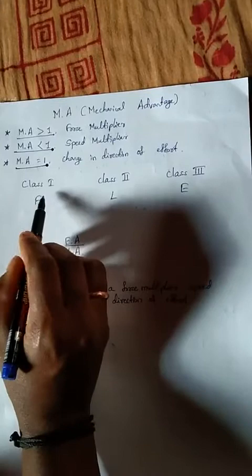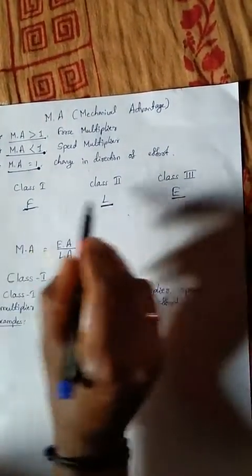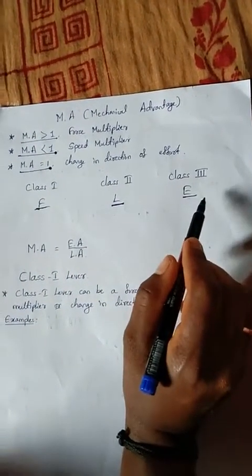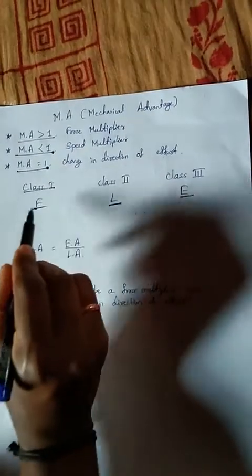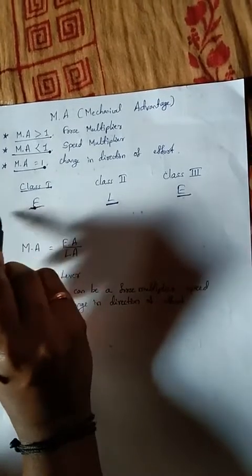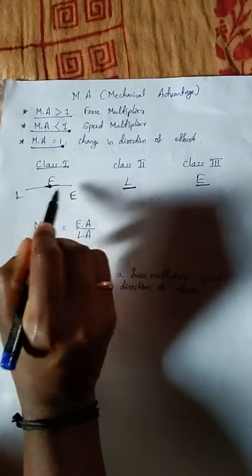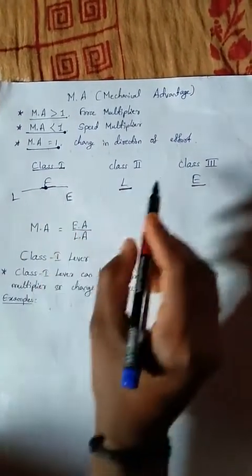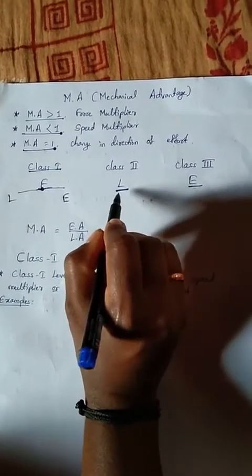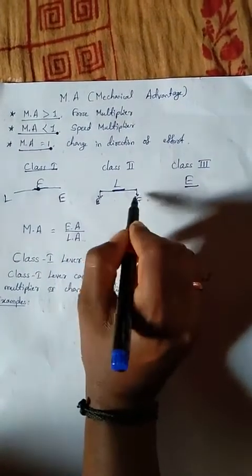Class 1 lever, see, make a note of this code: FLE. Here F means fulcrum, L means load, E is effort. In class 1 lever, the fulcrum is in the middle and load and effort are on either side of this fulcrum. In class 2 lever, load is in the middle and effort and fulcrum are on either side of this load.